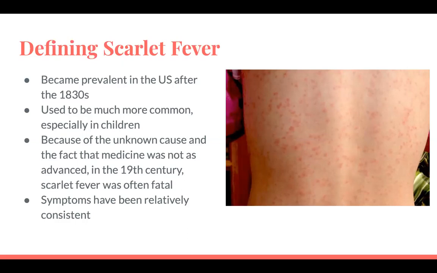Today, the symptoms of scarlet fever are described as a very red sore throat, high fever, whitish coating on the tongue or strawberry tongue, which is when the tongue is very red and bumpy, red skin rash, swollen lymph nodes, and an occasional episode of nausea and vomiting. So overall, the symptoms have been very similar, but they have been described in different ways, but that's just due to a change in language.